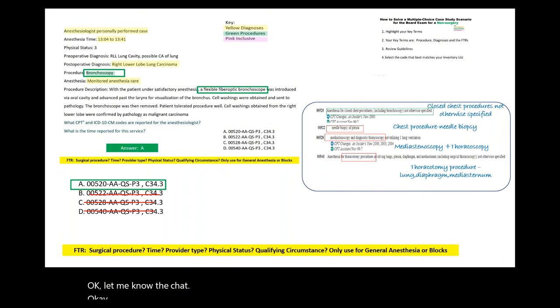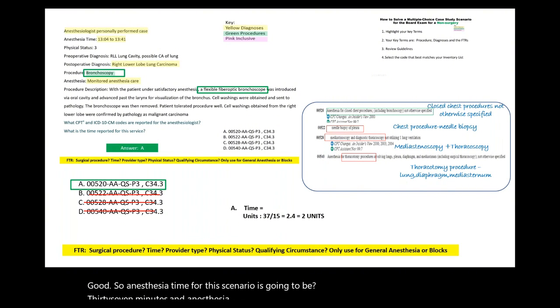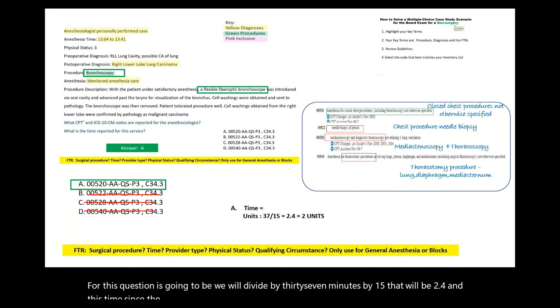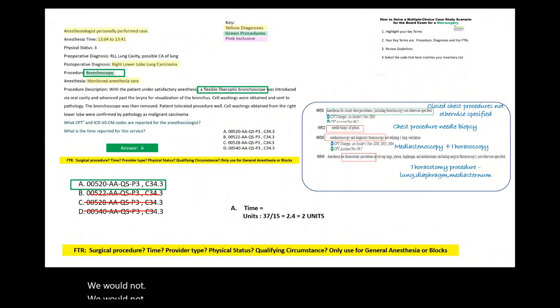Good. So anesthesia time for this scenario is going to be 37 minutes, and for the anesthesia units, we will divide 37 minutes by 15. That will be 2.4. Since the value after the decimal point is less than 5, we would not round it up to the next value.